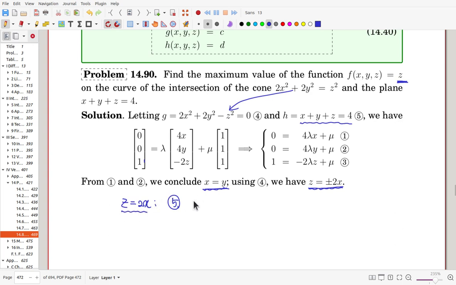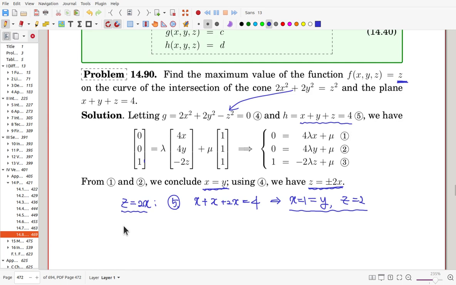There must be x plus x plus z, so x plus x is 2x, and z is 2x, so 4x equals 4. So x is 1, then y is the same, and z is 2. So we concluded this.